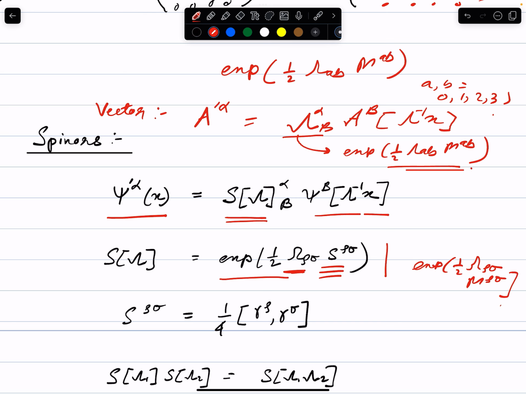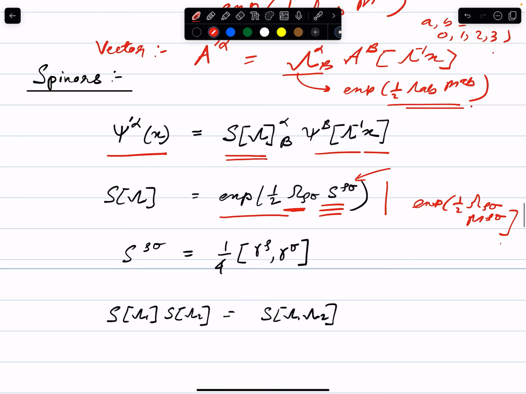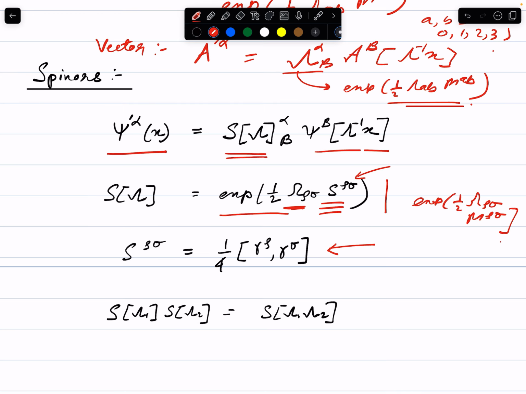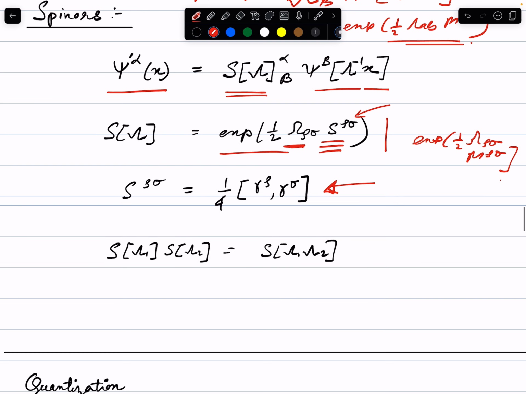Here it is S, and S is defined by the gamma matrices in this following way. Okay, so this is the definition of S, and one can check that S satisfies the property that I told you in the beginning, that if I take two transformations, it gives the same thing.